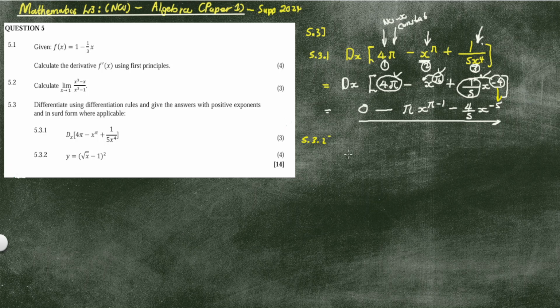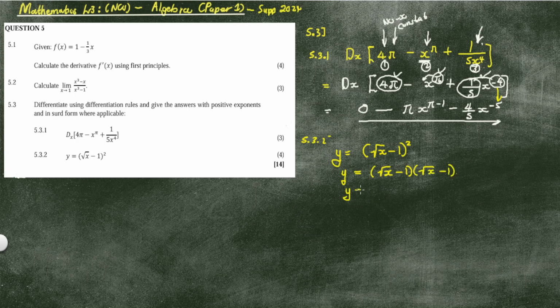5.3.2, we have y equal to the square root of x minus 1, all raised to exponent 2. We cannot differentiate while there's this bracket, so we need to remove the brackets first. So y equals, we open up, we'll have two brackets: square root x minus 1 times square root x minus 1.